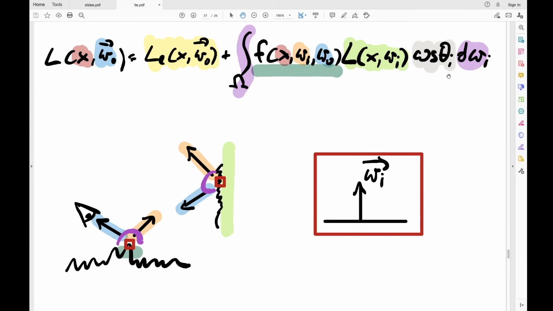The cosine term can be thought of as a percentage of light arriving at the surface patch. It is proportional to the angle between this vector omega I here and another vector that is perpendicular to the surface at the position x. So the cosine term is proportional to the cosine of that angle. As we're dealing with unit vectors here, this is basically a dot product.